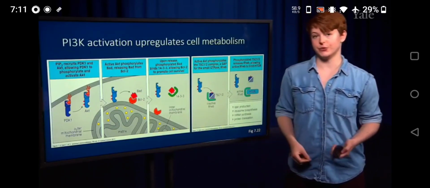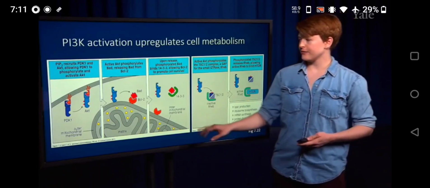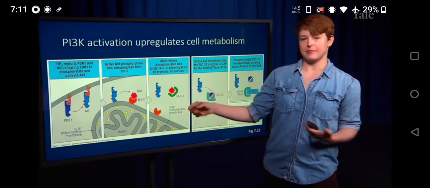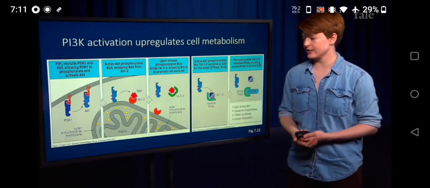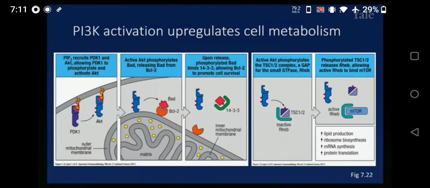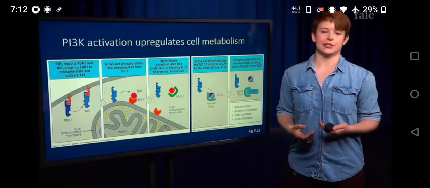protein BCL2. So phosphorylated BAD then binds to another protein just called 14-3-3, which allows BCL2 to promote cell survival. The binding of BAD to BCL2 actually promotes cell apoptosis.